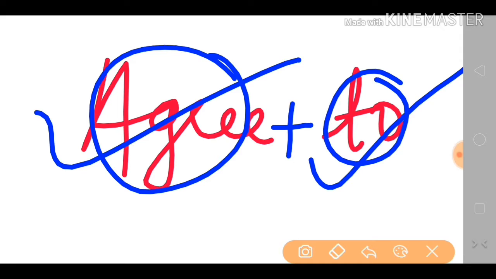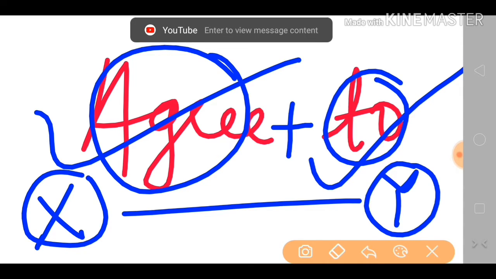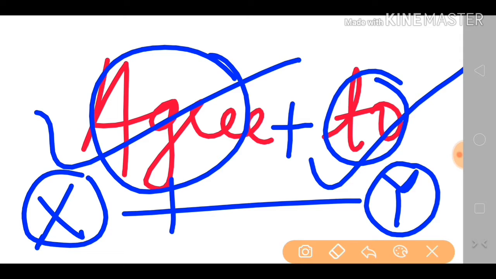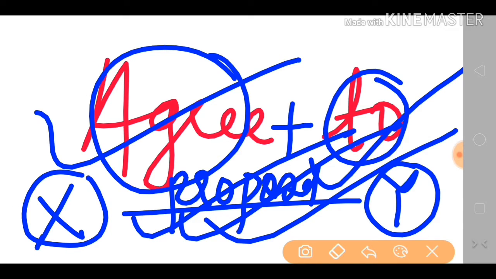So after listening to that person's plan, strategy, pros and cons, all the things, suppose your name is X, you agreed to Y's proposal, idea, plan, strategy.